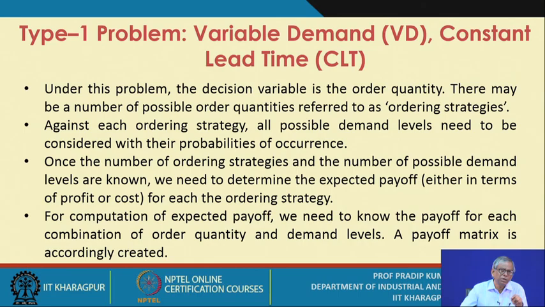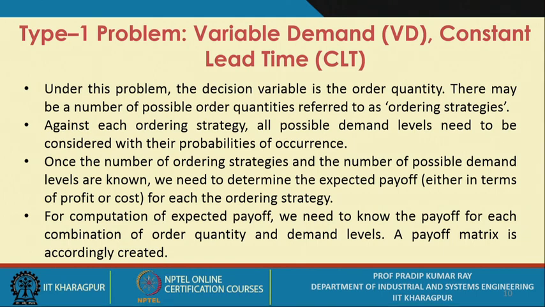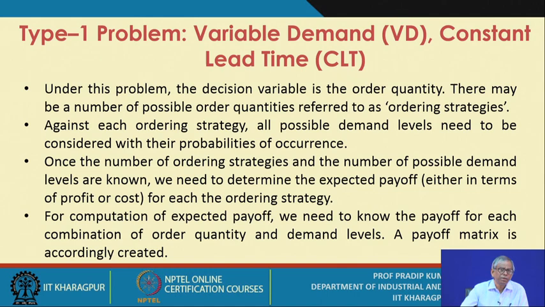So if it is in terms of contribution to profit, you select that particular ordering strategy for which the expected payoff is maximum. Whereas if the payoff matrix is created in terms of the cost only, you select that particular ordering strategy for which the expected payoff is minimum.